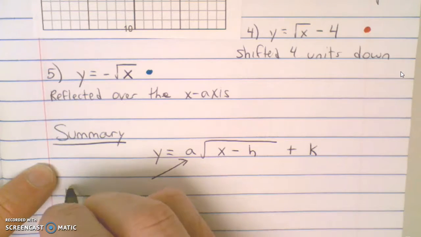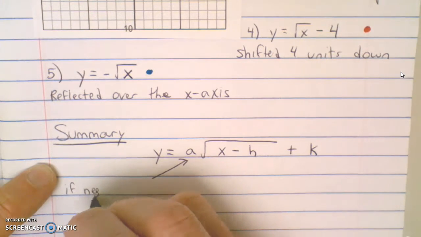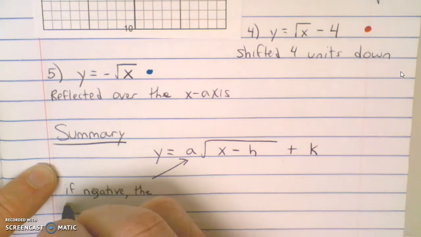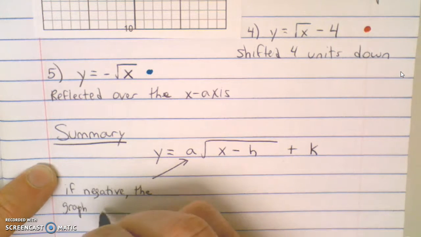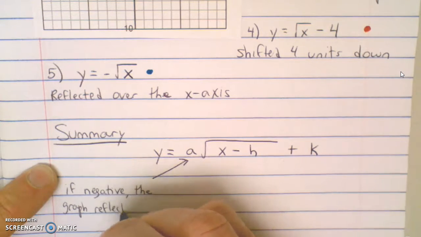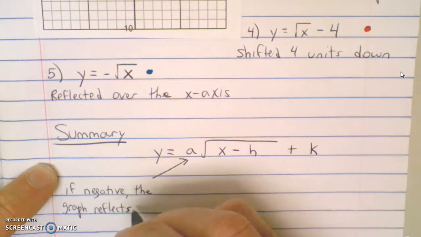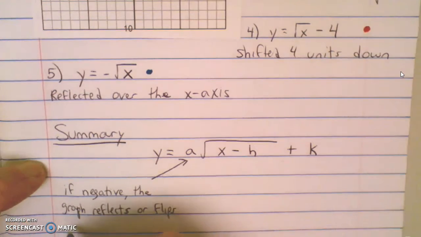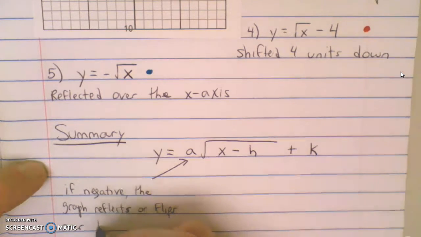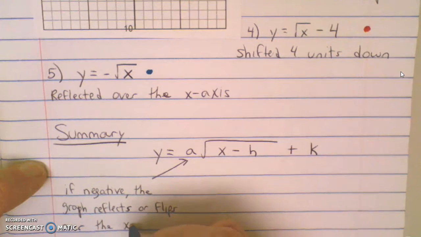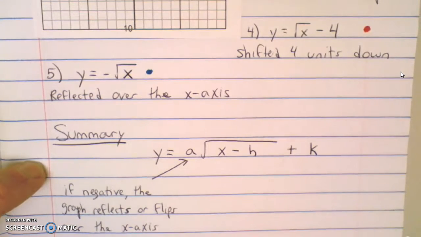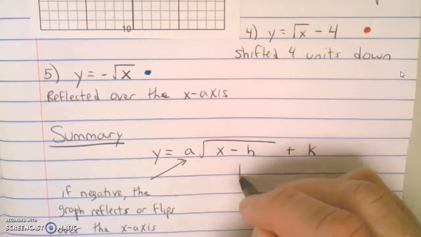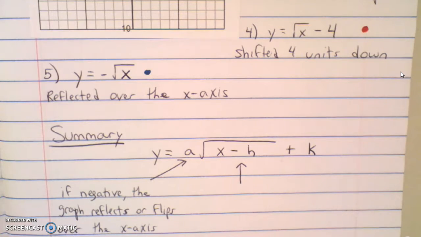If a is negative, if the value in front is negative, the graph reflects or flips over the x-axis. And that was that light blue graph we had. For numbers on the inside, it's the opposite.